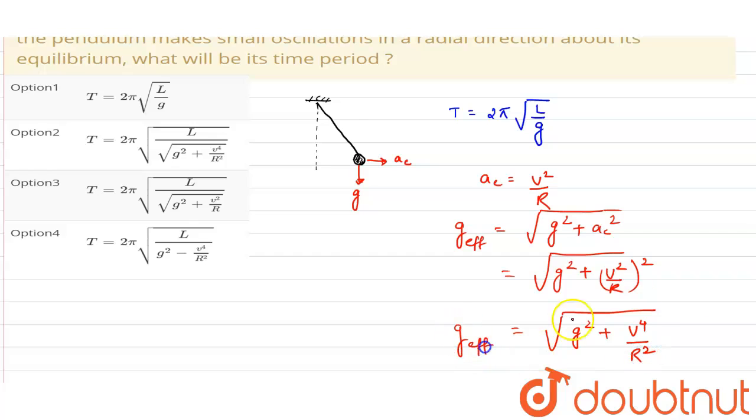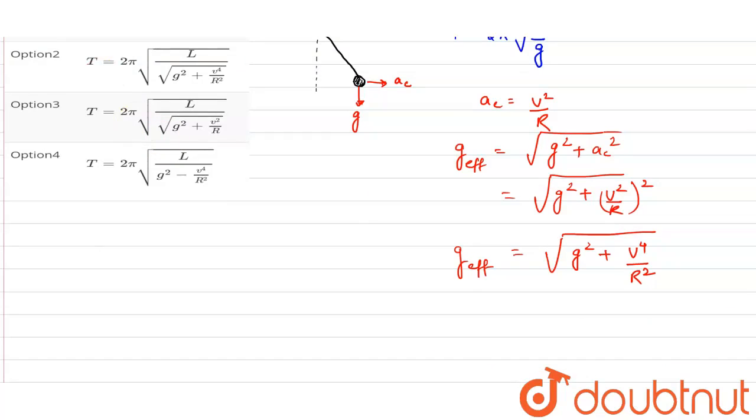Now when the bob is under some acceleration, the time period is given as 2 pi under root of L upon g effective.